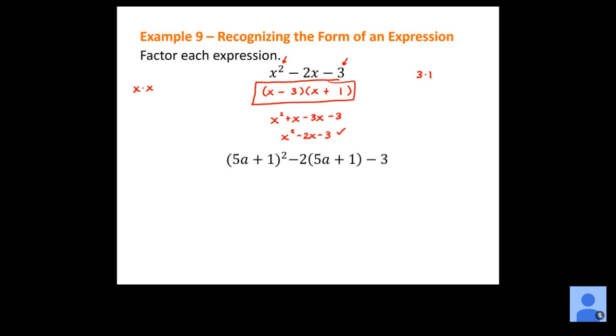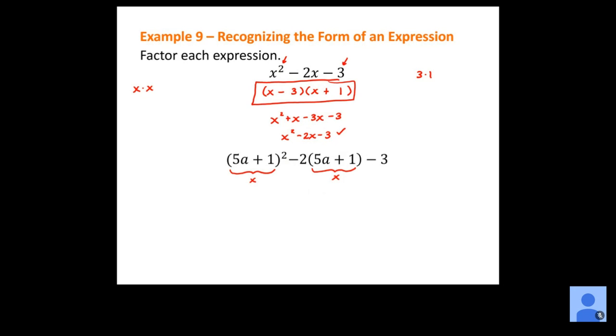All right, now, if we look at the second one, what I want you to notice is that really this thing is in exactly the same form as the previous one that we just did. The only difference is instead of just having an x, now we have this 5a plus 1 in place of our x values. So it's really going to factor exactly the same way as the one we just did.